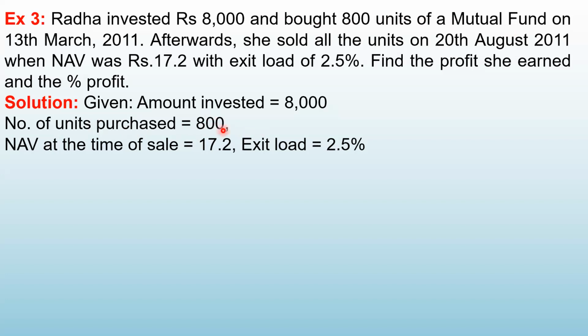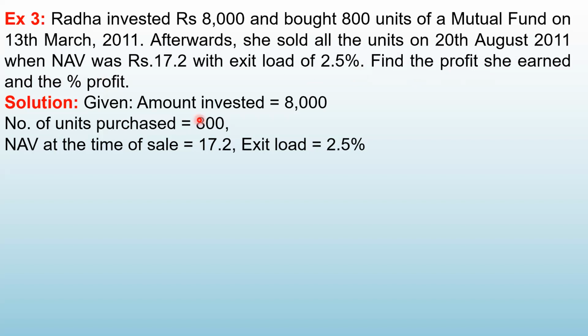Here it is already given. So even this problem becomes easier. Now she sold the units on 20th August when NAV was 17.2 and the exit load is 2.5%. So in this problem, exit load is given. Find the profit she earned and the percentage profit.